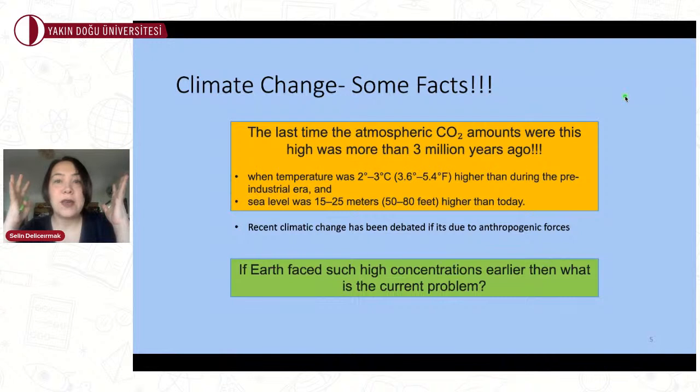What they were asking is, if Earth faced such high concentrations earlier, then what is the current problem? I'm going to give a pause here and let you think a little bit about it. What might be the current problem if we already faced such high concentrations early in Earth's history?